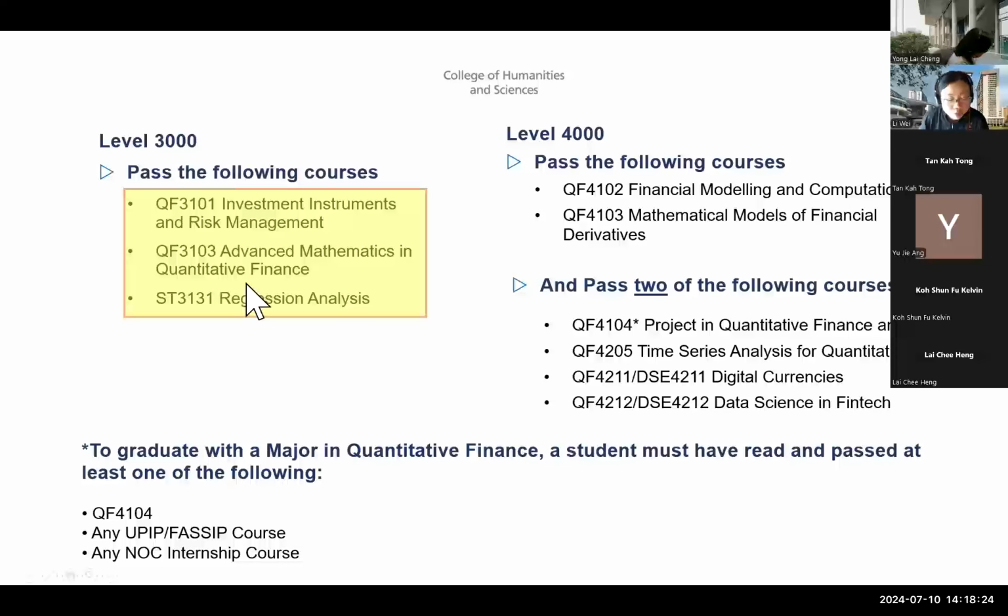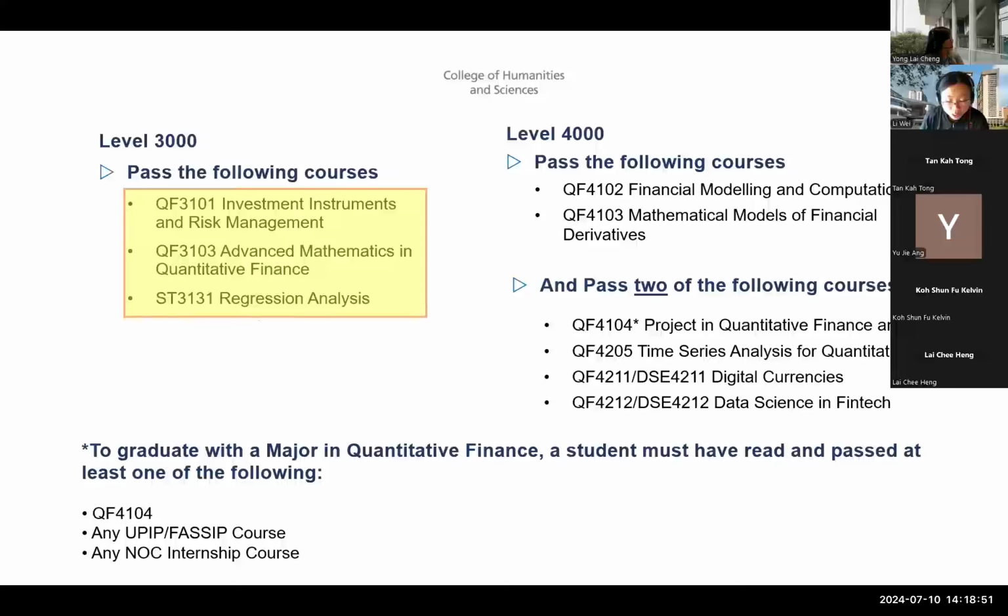At level 3000, there are 3 essential courses: QF 3101, QF 3103, and ST 3131. QF 3101 Investment Instruments and Risk Management, as the name suggests, covers various basic financial products, pricing formulas with the relevant theory behind them.